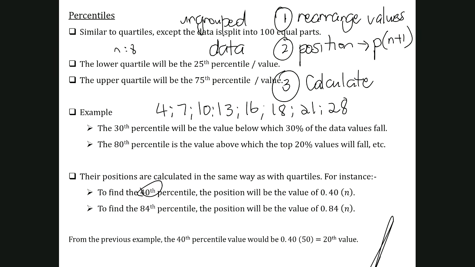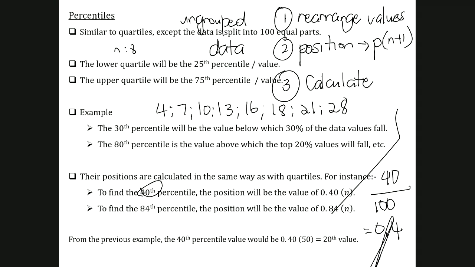How we'd calculate the position is, they're saying the 40th percentile, so we convert 40 into a decimal. Remember, 40 as a decimal is 40 over 100, which would be 0.4.